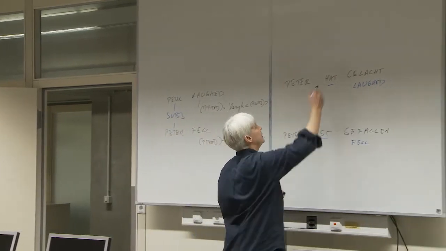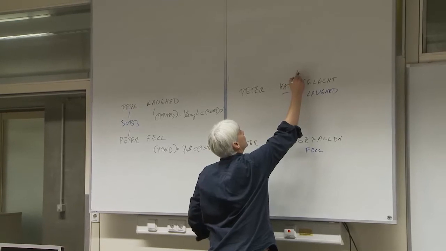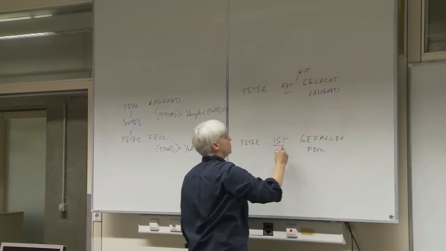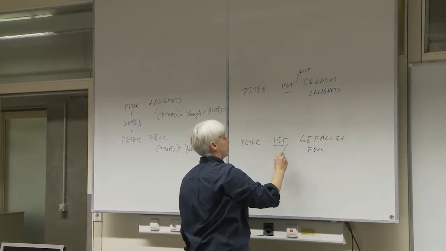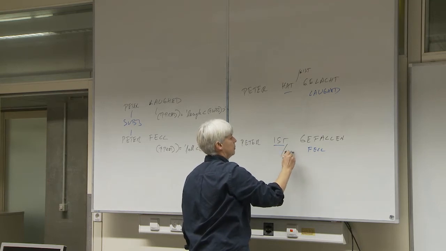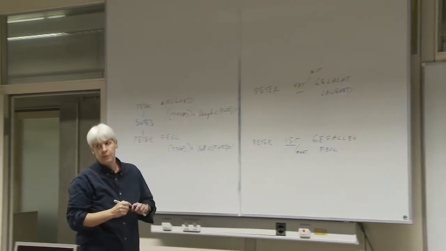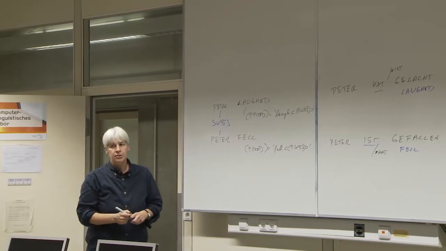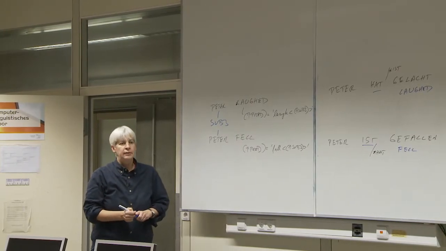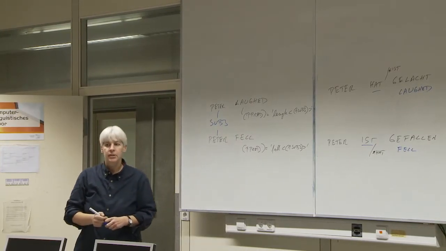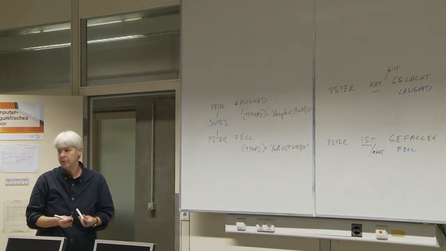If you try putting ist here, in German this is bad. If you try putting hat here, it's bad. Peter hat gefallen is a bad sentence. Peter ist gelacht is a bad German sentence. So what's the difference between these verbs? What's going on?